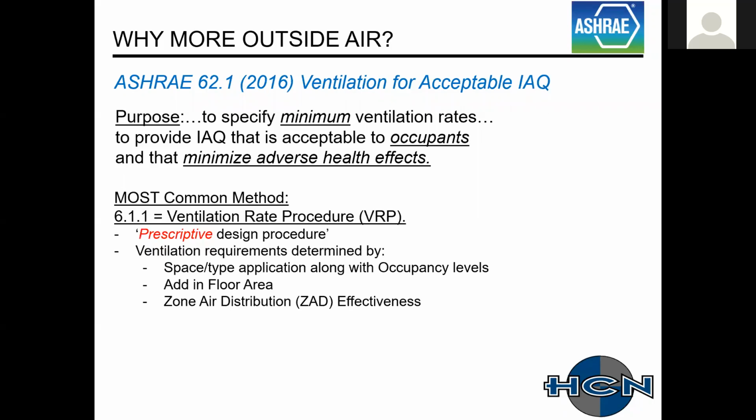So the most common method to calculate the minimum ventilation rate is 6.1. It's the ventilation rate procedure, short for VRP. It's a prescriptive design procedure. Once again, this is nothing new, but the ventilation requirements are determined by your space and type of application, along with the number of people. You add in the floor area, give it a CFM per square foot.